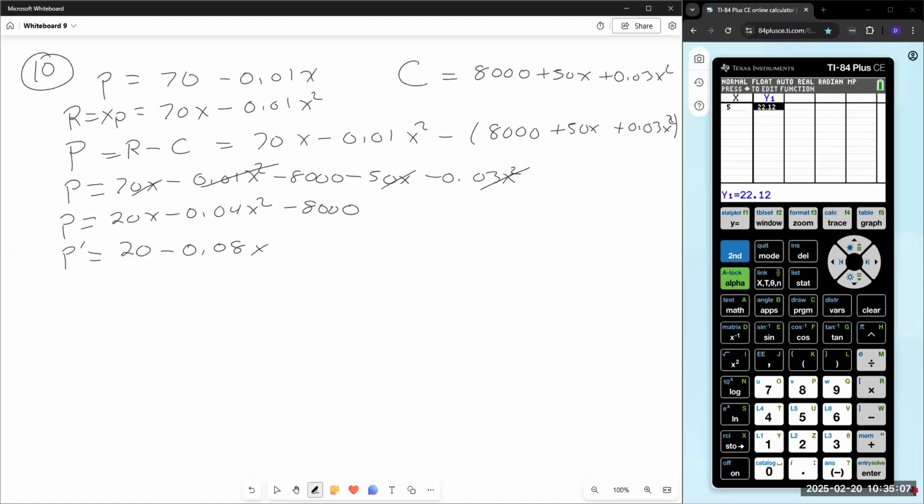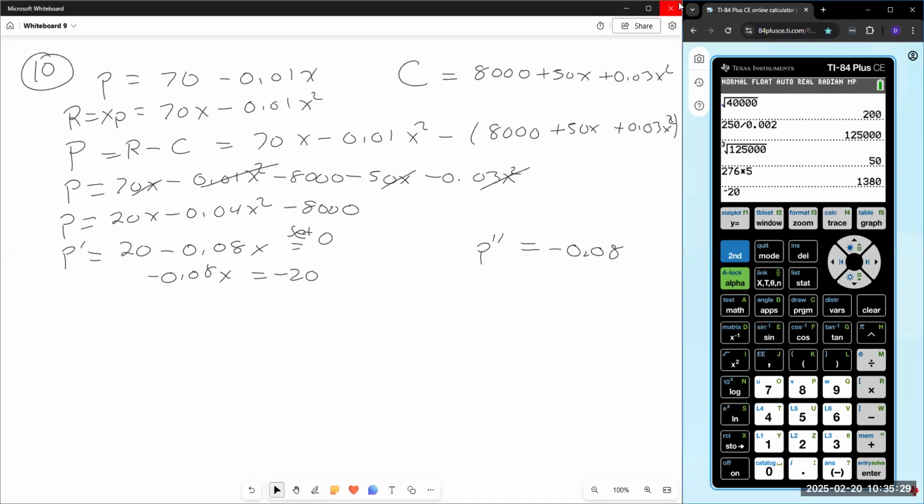And P double prime is going to be negative 0.08. No matter what my critical value is, it'll represent a maximum profit. So I set that equal to 0. And negative 0.08x is equal to negative 20. Negative 20 divided by negative 0.08 is going to be x equals 250 units.